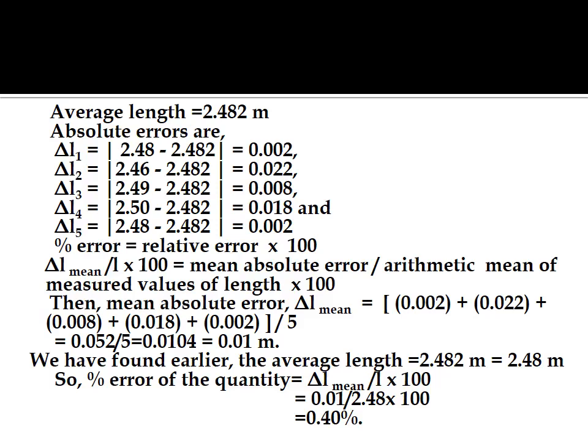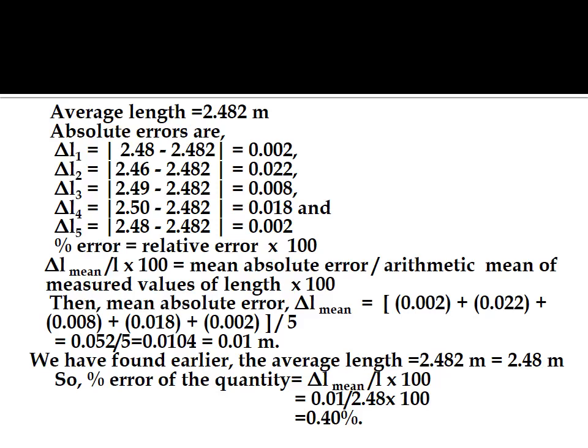Delta L4 is equal to 0.018 meter. And delta L5 is equal to modulus of 2.48 minus 2.482 is equal to 0.002. That is, delta L5 is equal to 0.002 meter.